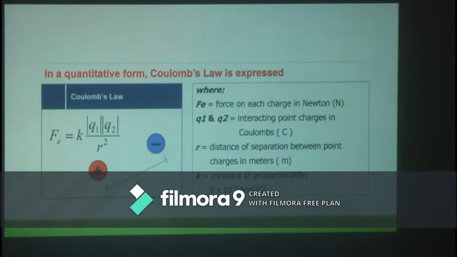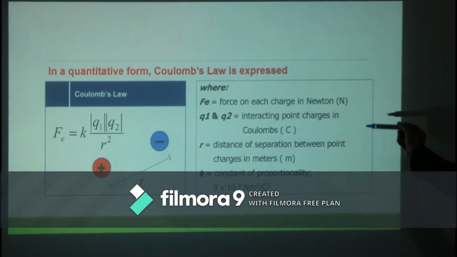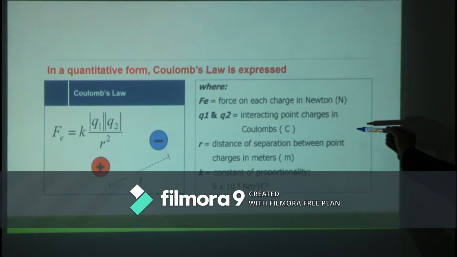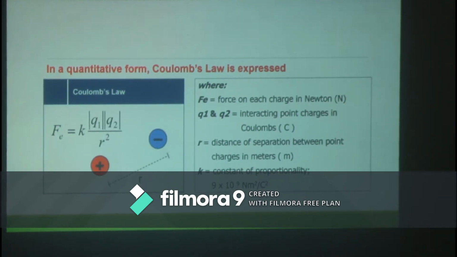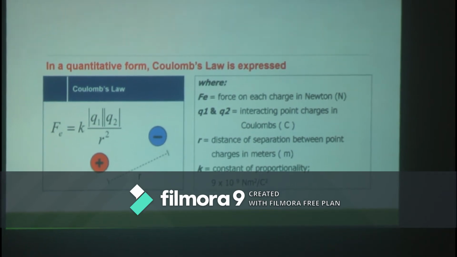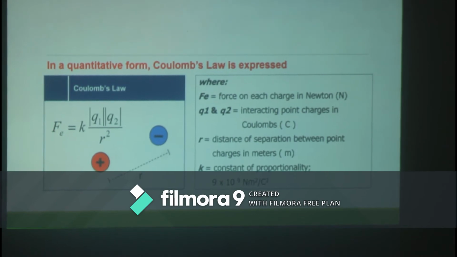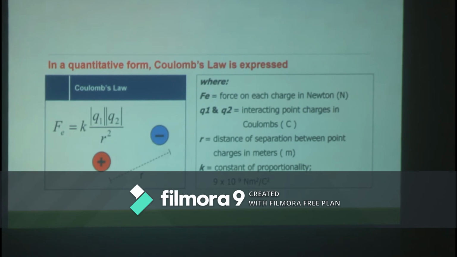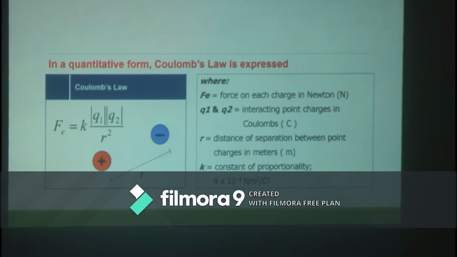Q sub 1 and Q sub 2 are the interacting point charges in coulombs, while r is the distance of separation between point charges in meters, and k is the constant of proportionality, which is equivalent to 9 times 10 raised to 9 Newton meter squared per coulomb squared.